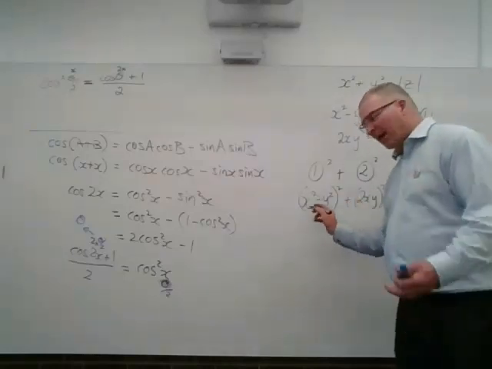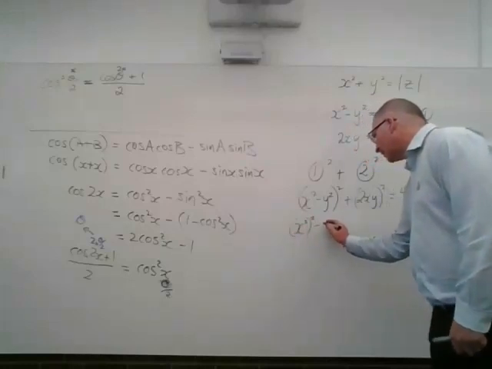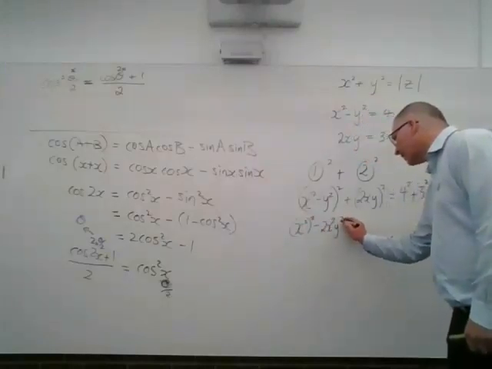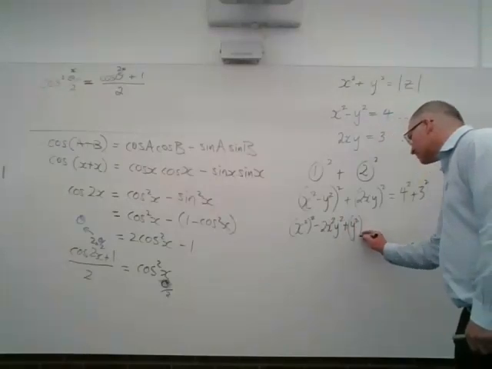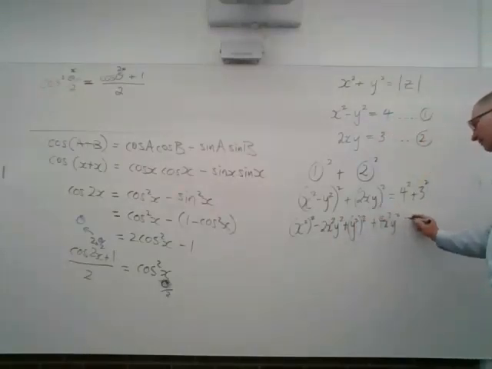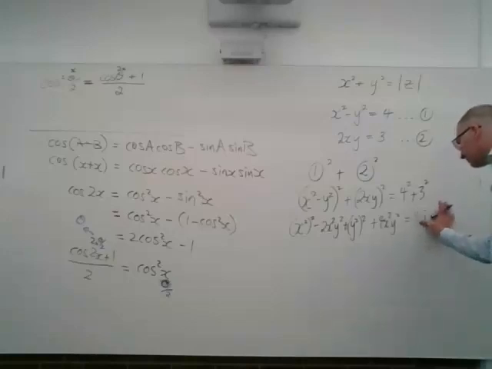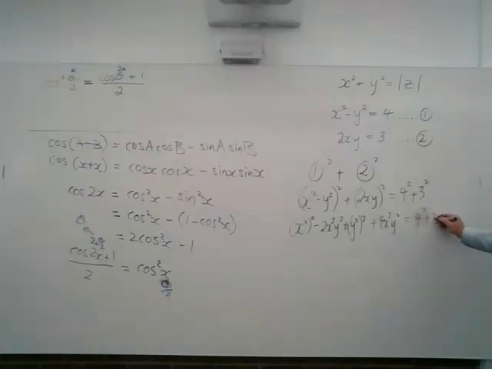This, if I expand it the normal way, is x squared squared minus 2x squared y squared plus y squared squared. This is 4x squared y squared, and this will be 25 in this case. But I'm going to leave it for the point of demonstration as 4 squared plus 3 squared.